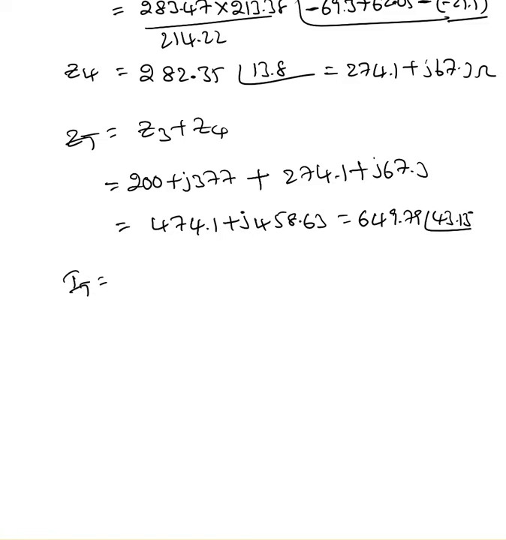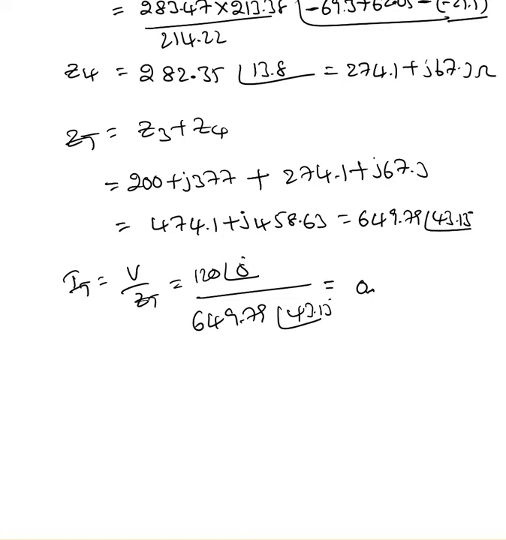So I total equal to V over Z total. V we have 120 at an angle of 0. Z total is 649.79 at an angle of 43.13. Okay, now this current is 0.1847 at an angle of minus 43.14 degrees ampere.